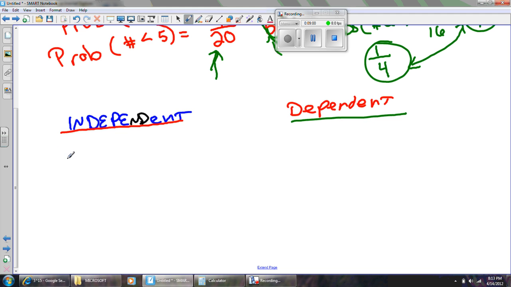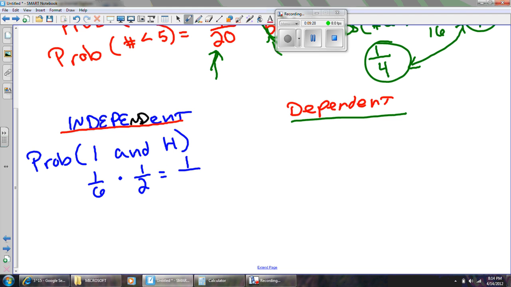For example, for the independent, what would be the probability of rolling a 1 on a 6-sided die and flipping a heads on a coin? Well, the probability of getting a 1 on a 6-sided die is 1 out of 6. The probability of getting a heads is 1 out of 2. Okay, the fundamental counting principle tells me to multiply these, and I get 1/12. 1 out of 12. Every 12 times I do it, I would expect to win 1 time.